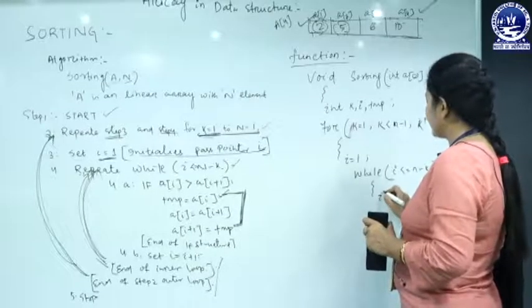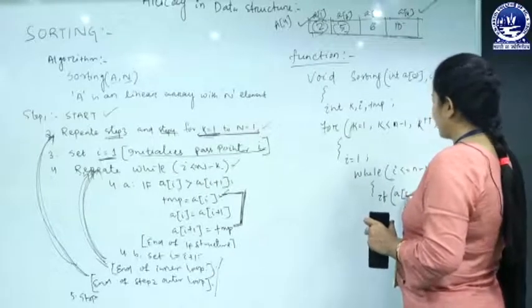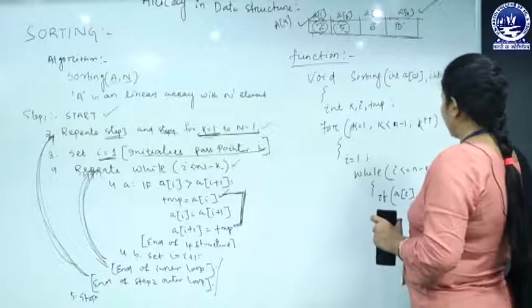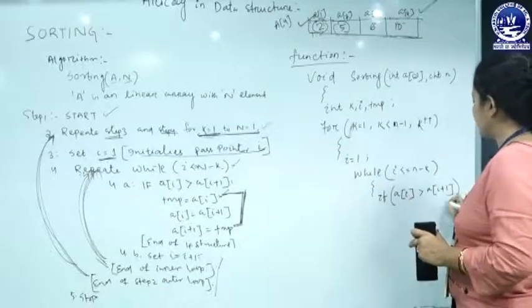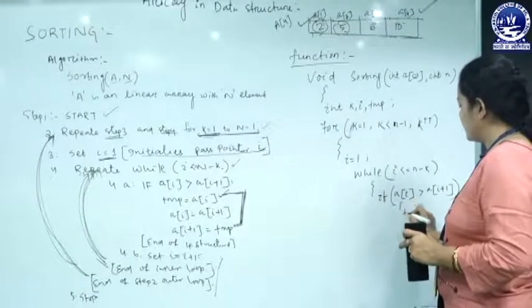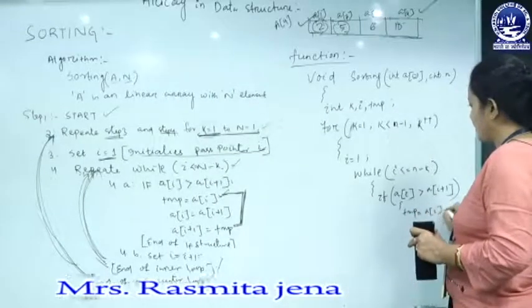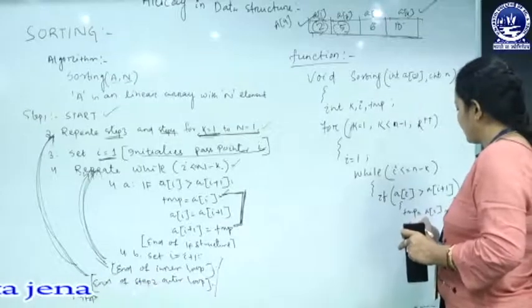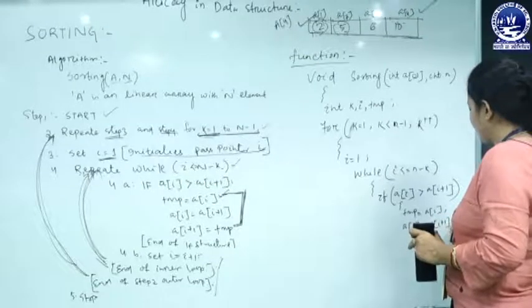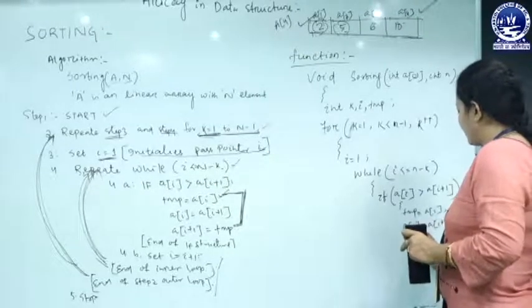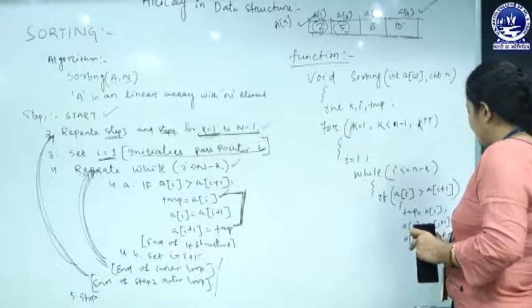So take an if statement: if A of I is greater than A of I plus 1. This is the condition. Then within the block we swap the elements: temp equals A of I, then A of I equals A of I plus 1, then A of I plus 1 equals temp.